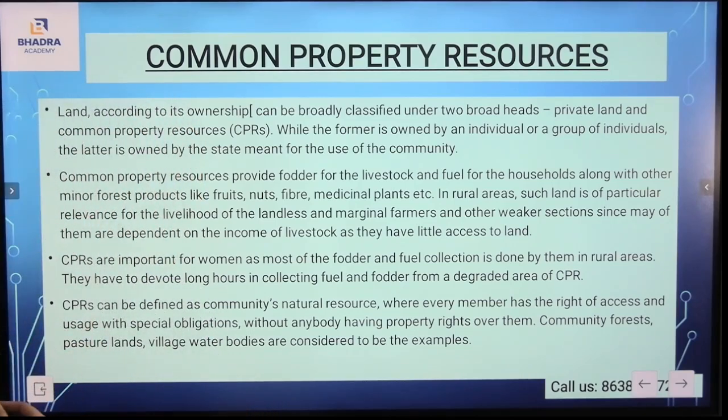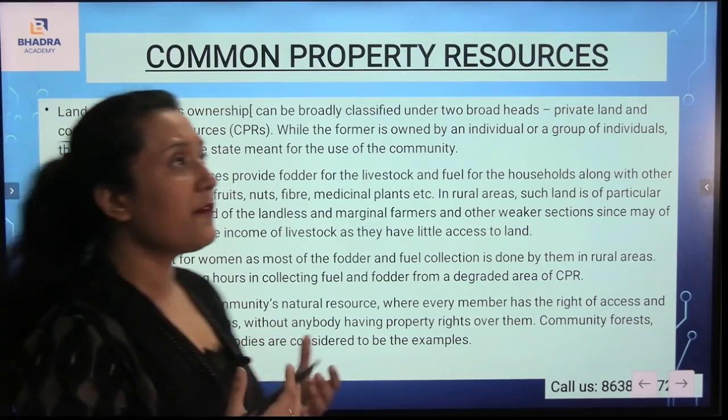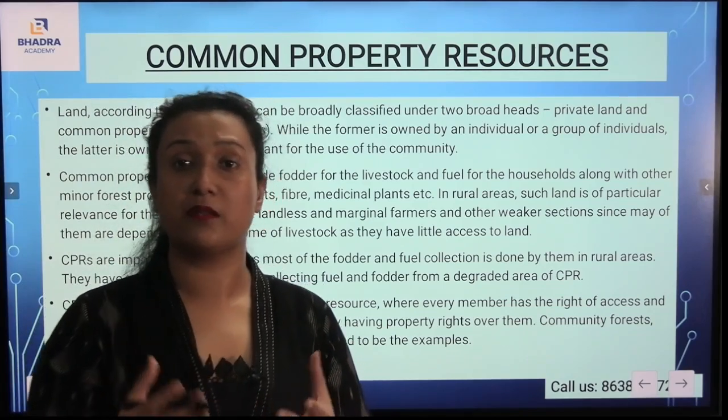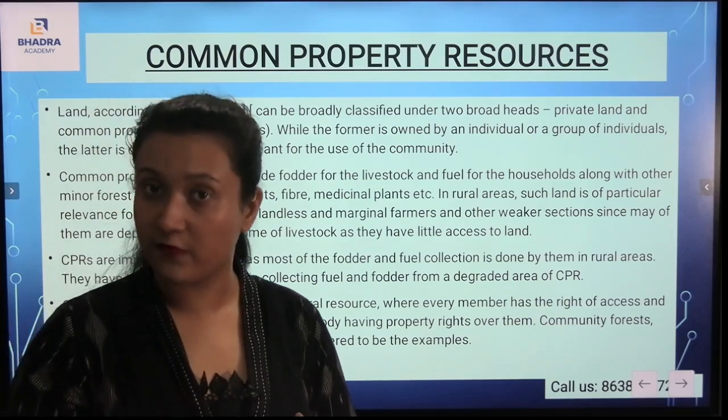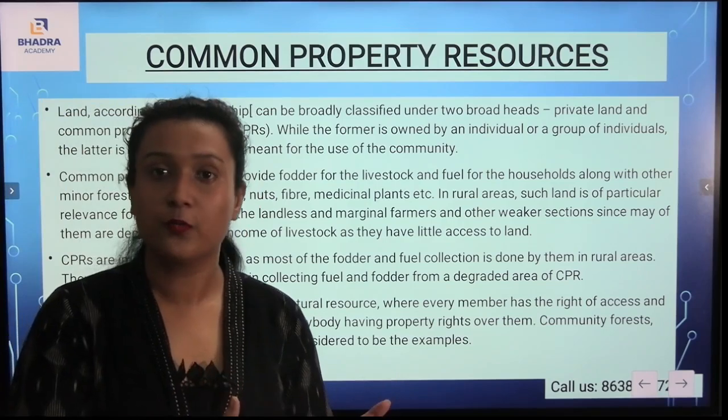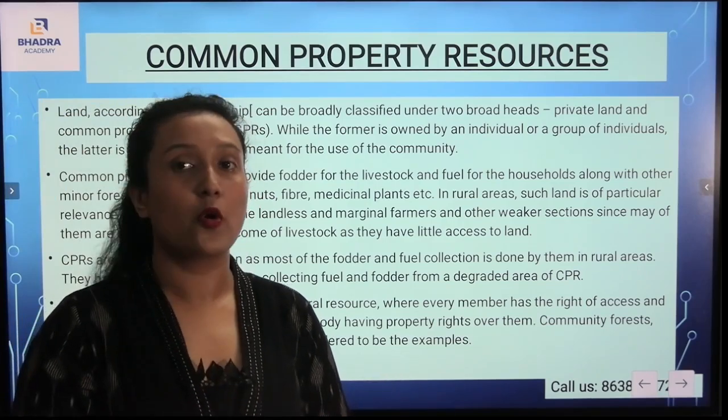Common property resources can be defined as a community's natural resource where every member has the right of access and usage, with special obligation, without anybody having property rights over them. Community forests, pasture land, and village water bodies are considered examples.